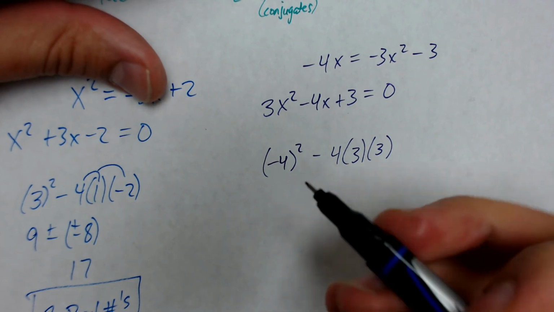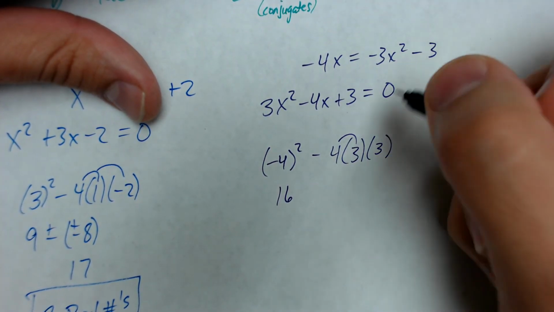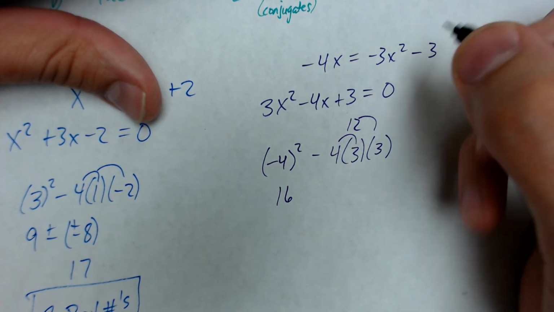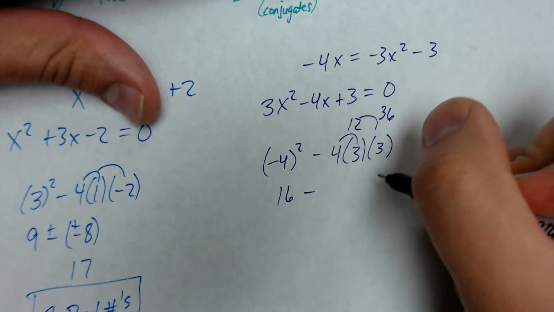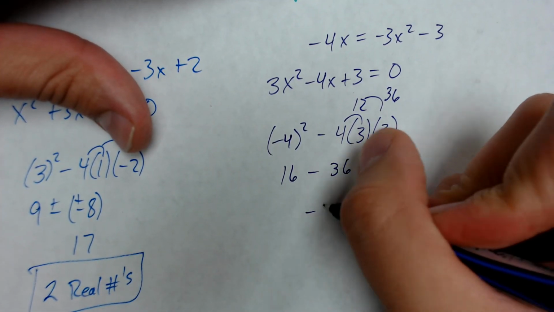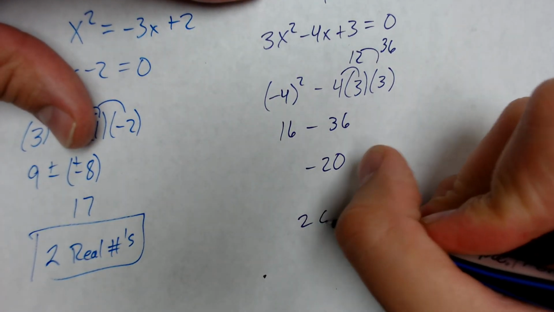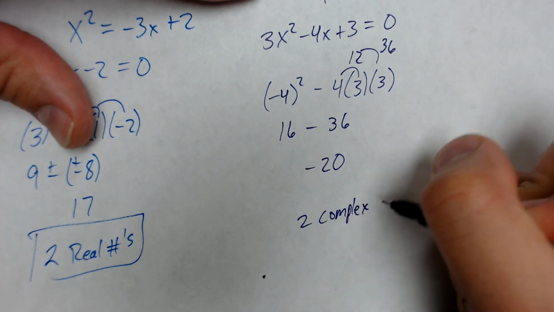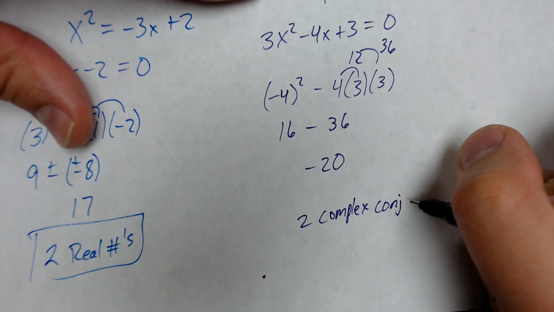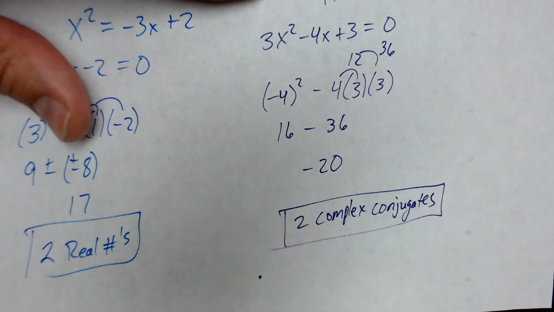So negative 4 squared is positive 16. 4 times 3 is 12. 12 times 3 is 36. So 16 minus 36 is going to give me negative 20. So since my answer is a negative number, my answer is going to be two complex conjugates. That is my answer.